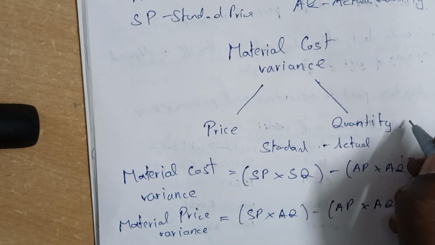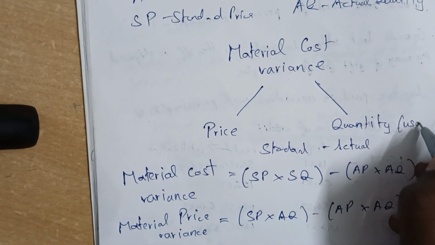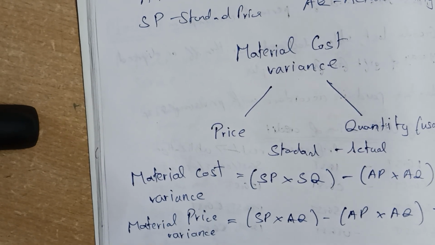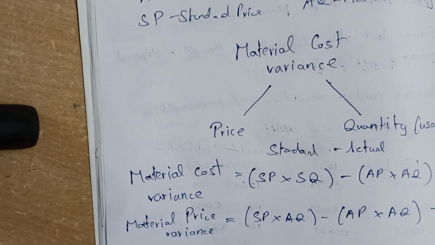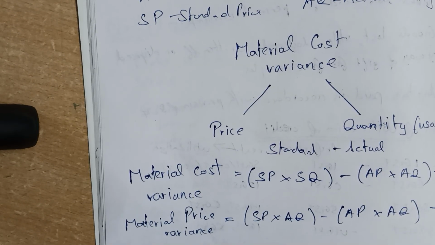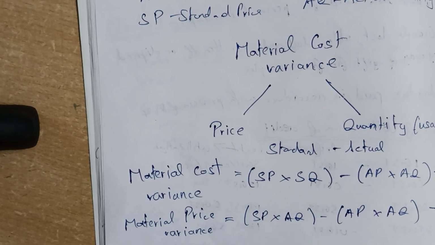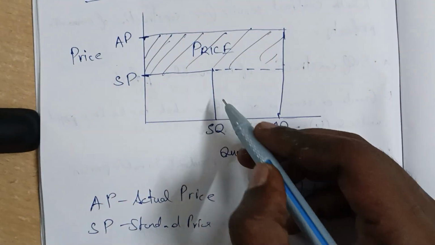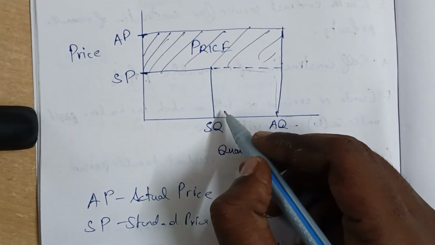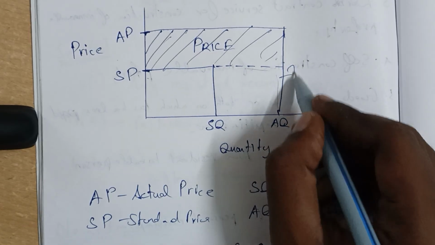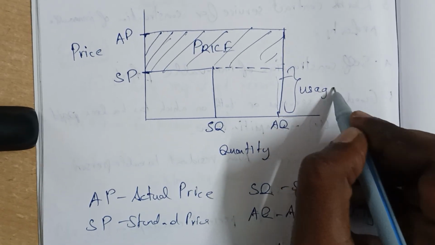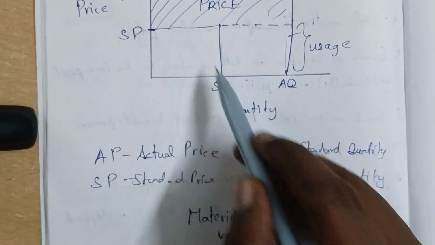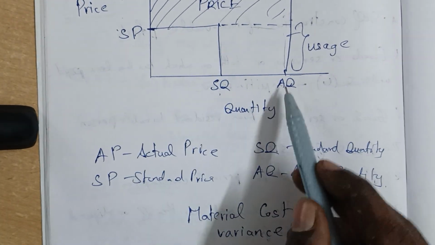Now this quantity is also called another thing, usage. That I'm gonna write here, material usage variance. Now see, usage would be this part. This whole part is called usage. So now, how can I find this part? Standard price, standard quantity, standard price, actual quantity.